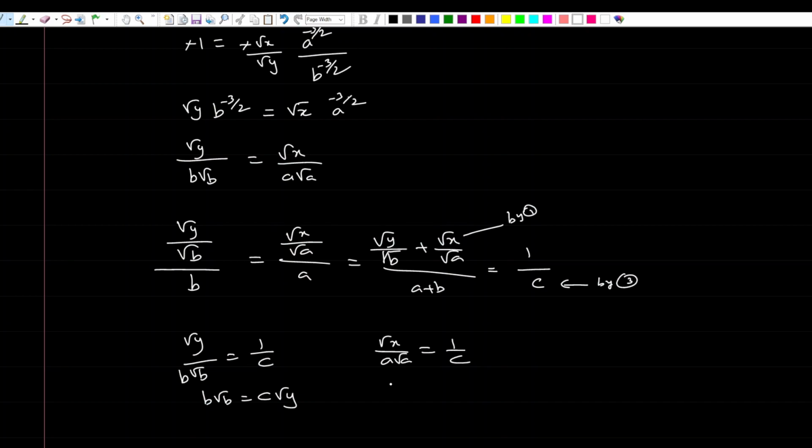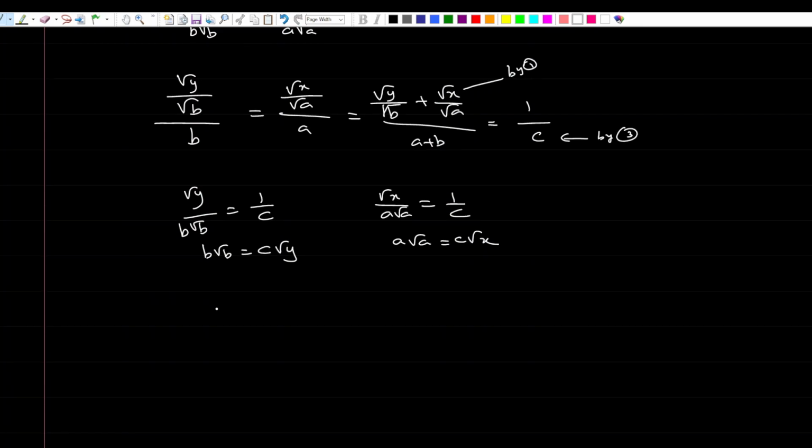Therefore, a root a equal to c into root x. By squaring both sides, we will get b cube equal to c square y. Similarly, here you will get a cube equal to c square x.